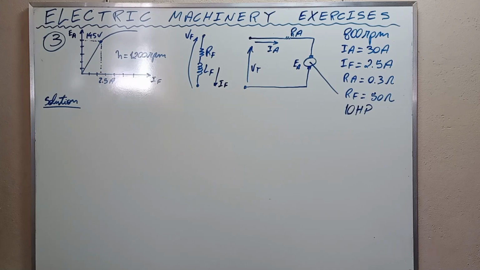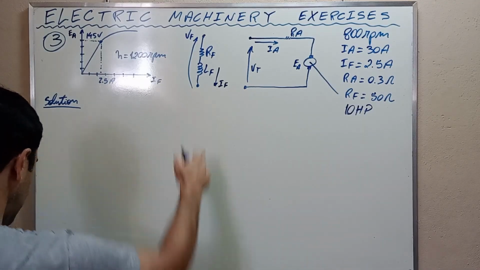It is possible to calculate the voltage of the field producing branch using RF and IF. Okay, we are going to calculate the voltage of the field producing branch using RF and IF here.